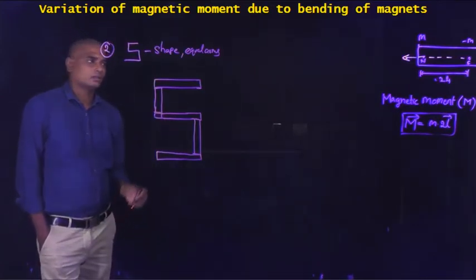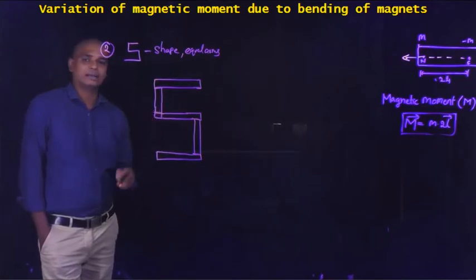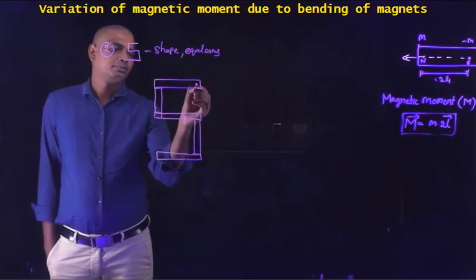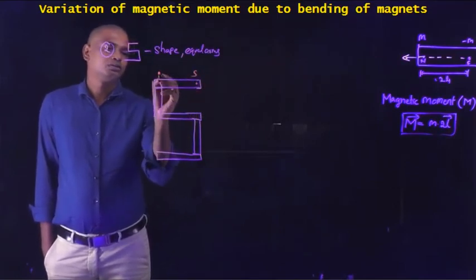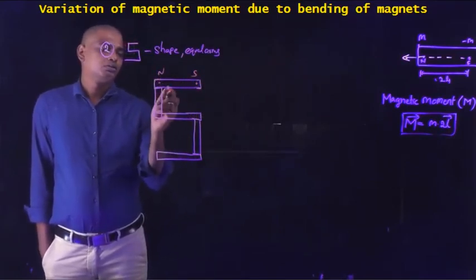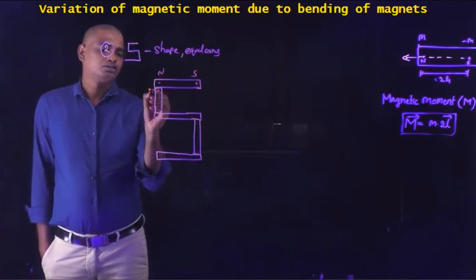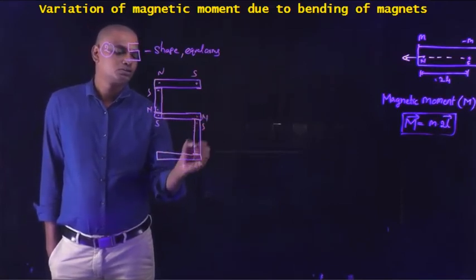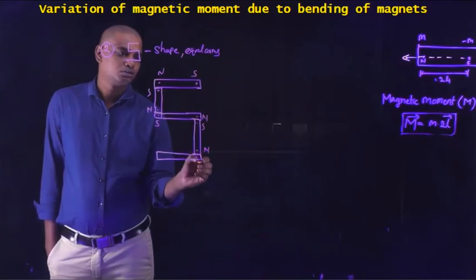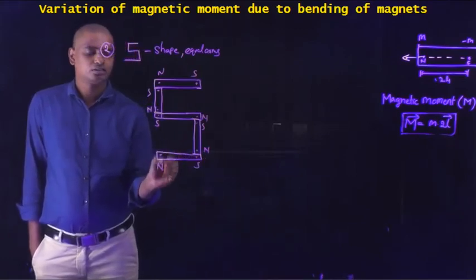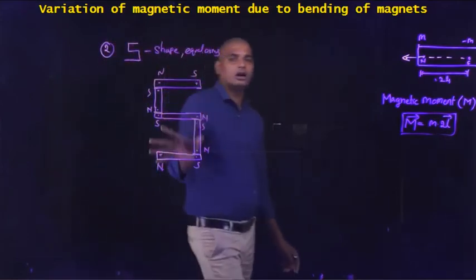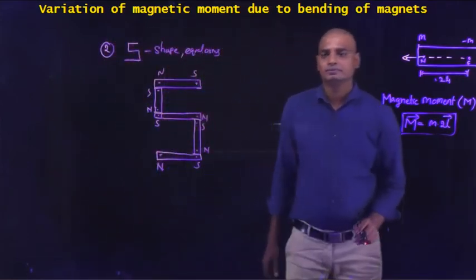The bar magnet of dipole moment capital M is bent in the form of an S. Here let it be the south pole and this the north pole, and so on alternately, south pole, north pole, finally ending with the north pole. We have considered the poles for all the equal arms in the S shape.